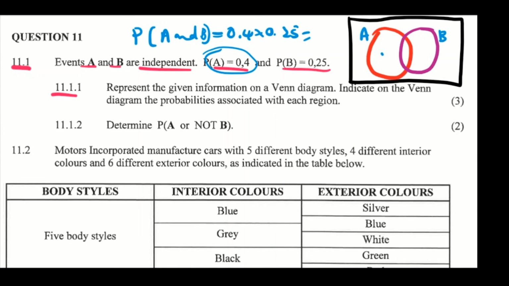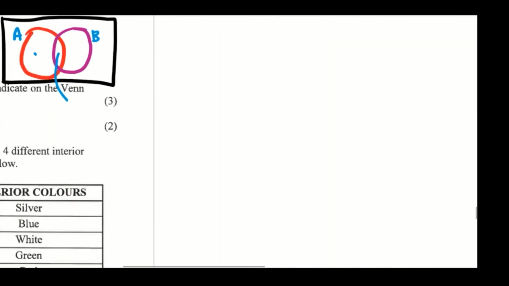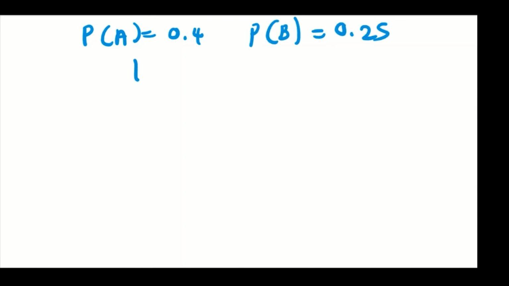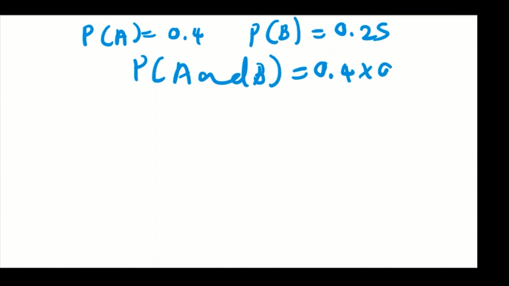The intersection is equal to 0.1. I just don't have space in the middle, so let me just write here. So we have the probability of A being equal to 0.4, the probability of B being equal to 0.25, and the probability of A and B is equal to 0.4 times 0.25, which is equal to 0.1.